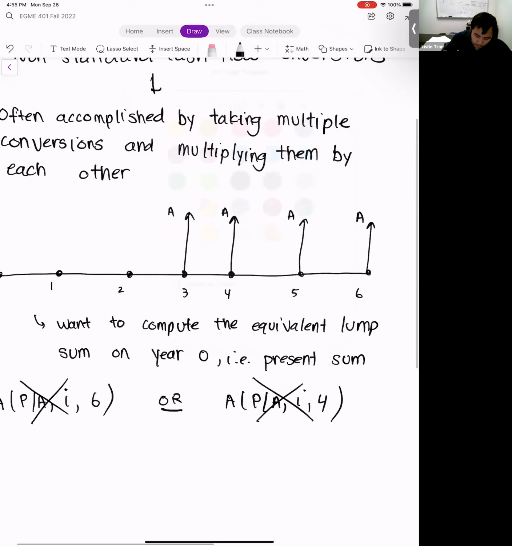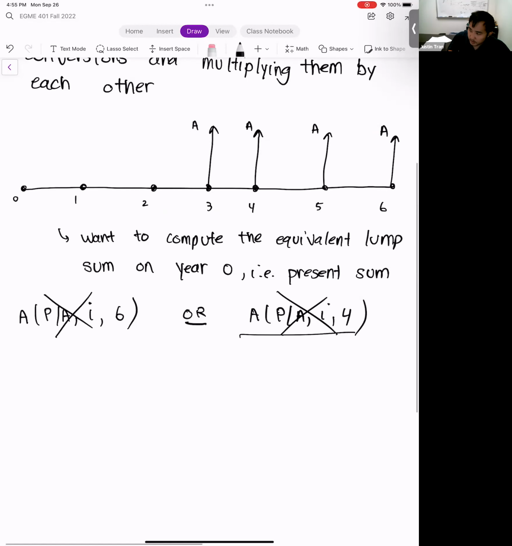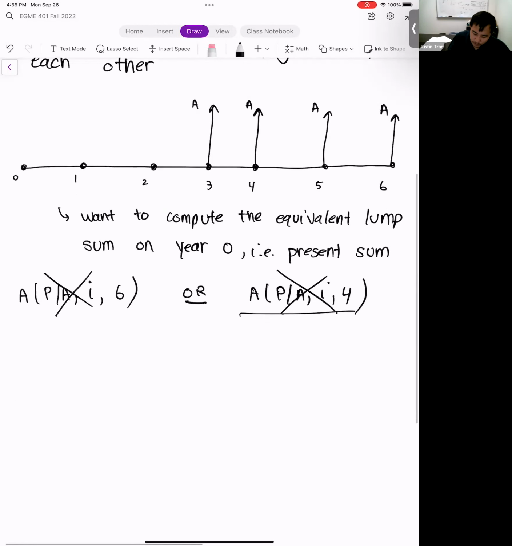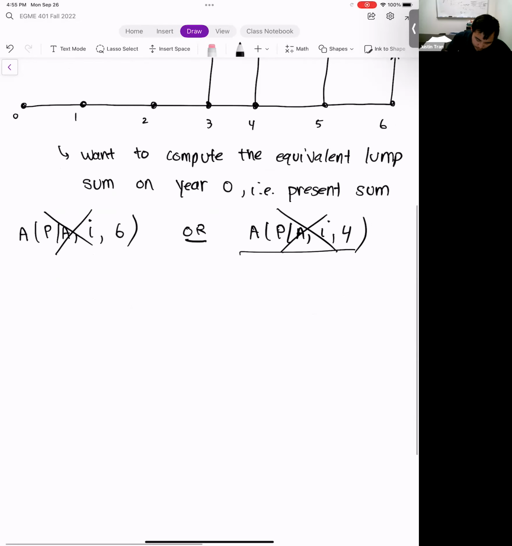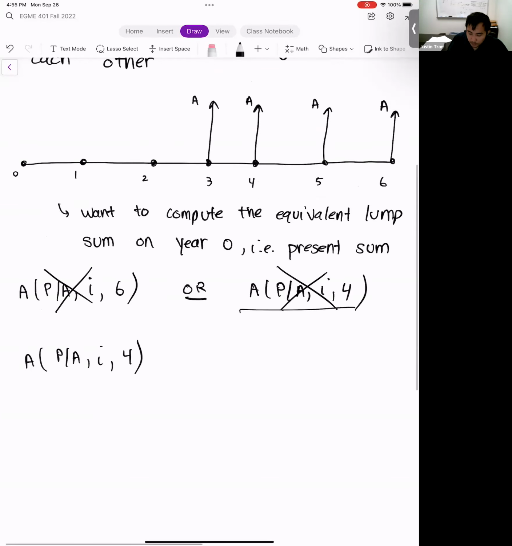The first step is going to be to convert this uniform series into a single sum. If we do A, P over A, I, and 4, that's going to take this uniform series and condense it down into a single lump sum, but it's not going to be in the location that we want.